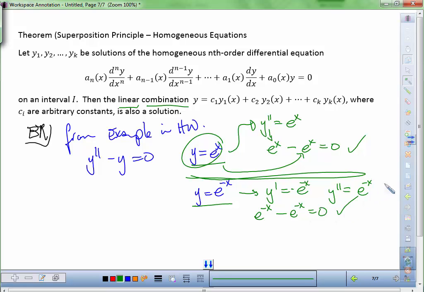So they're both solutions, right? So I got one solution, I got another solution.